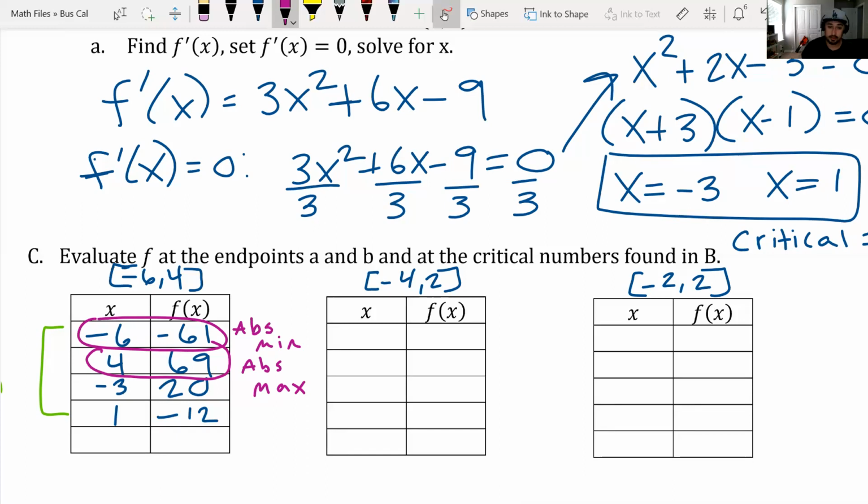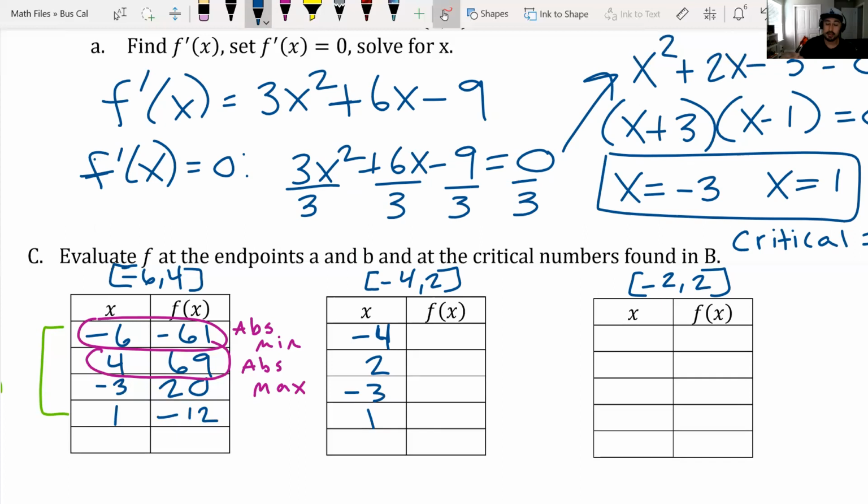Nothing else. Let's do it again. I'll put my endpoints in, -4 and 2. And then I'll put in my critical numbers. But I have to make sure, do my critical numbers of -3 and 1 fit in this interval? -3 definitely fits, and 1 fits.